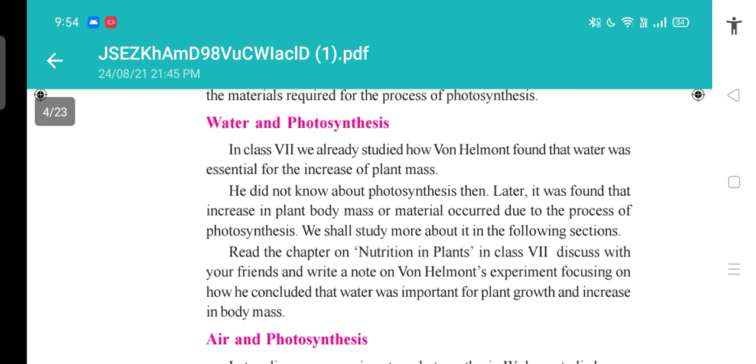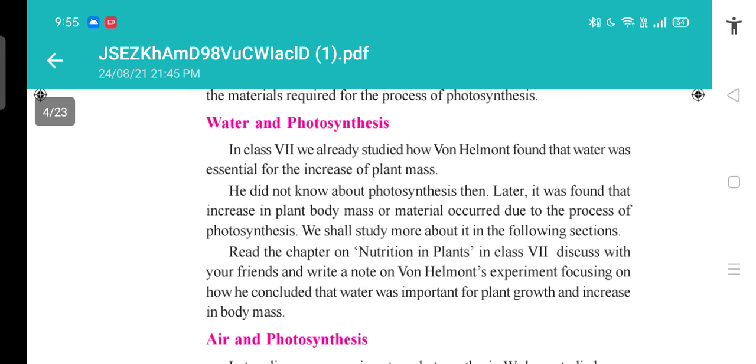But in the next years, all the scientists proposed that photosynthesis also takes a main role in increasing the plant mass. We shall study more about this in the following sections.